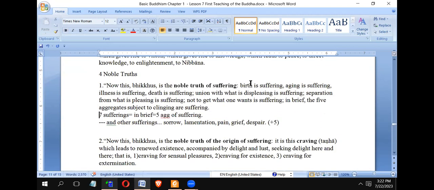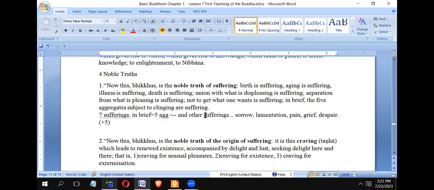One, birth. Two, aging. Three, illness. Four, death. Five, union with what is displeasing. Six, separation from what is pleasing. Seven, not getting what one wants. So here only seven are mentioned. Then it says in brief, the five aggregates subject to clinging.